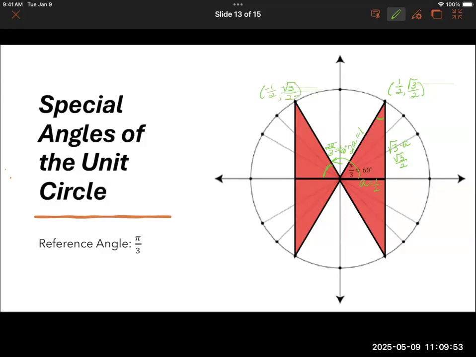If we go to the third quadrant, this point is going to be negative 1/2 and negative root 3 over 2. And then for this point, we would be looking at positive 1/2 and negative root 3 over 2. And again, this represents the cosine of that angle. This represents the sine of that angle.